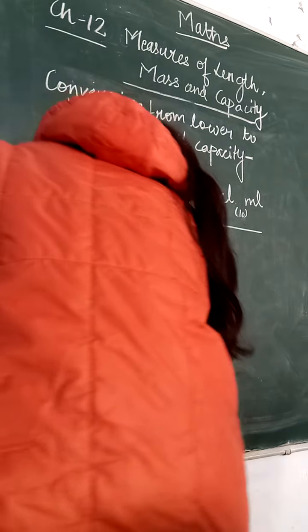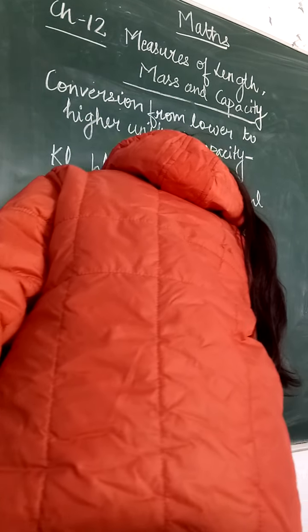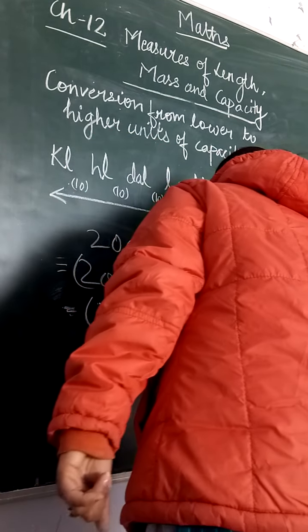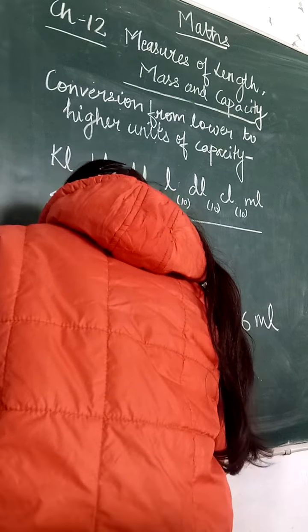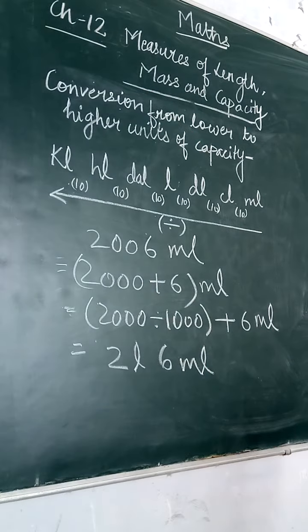So 2000 divided by 1000 plus 6 ml will remain as it is. So this will become how much? 2 liter and 6 ml will remain as it is. So this is the method about how you have to convert a certain quantity into two quantities, liter and milliliter.